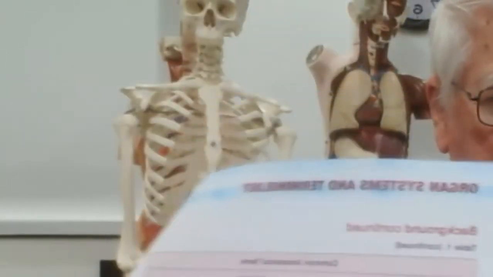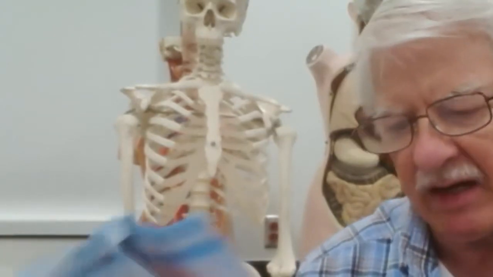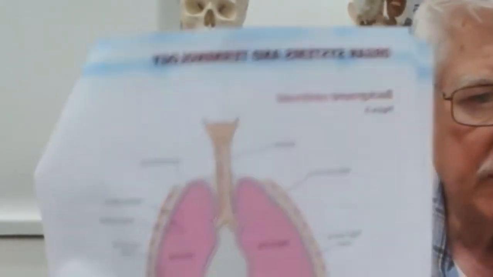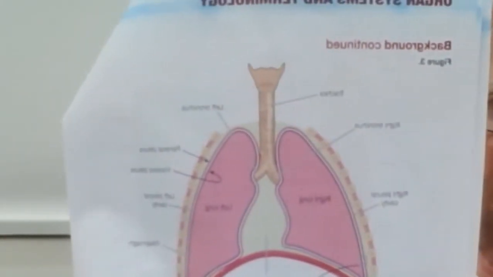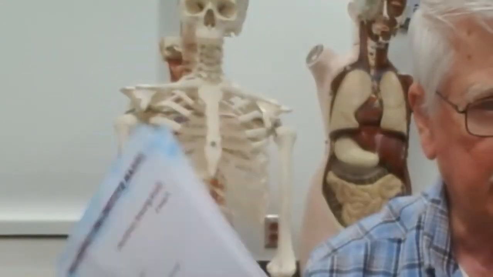Okay, more tables. So this can help you a lot, and you'll have this file on the computer, and so you want to take a look at that. That'll help you with this lab.